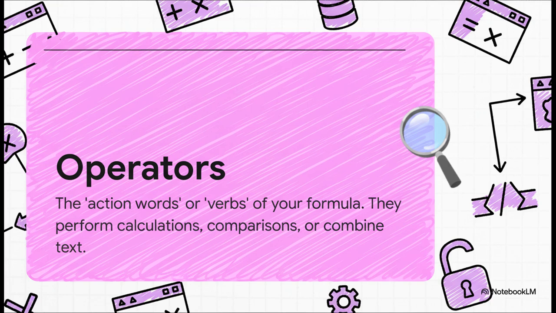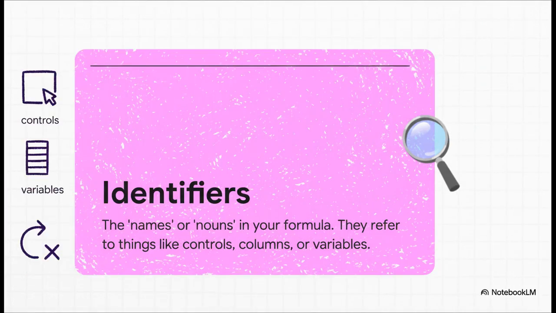They do stuff, whether it's adding numbers, comparing two values, or sticking pieces of text together. They're the engine. And if operators are the verbs, well then identifiers are the nouns. It's that simple. They're just the names you give to all the different things in your app. It could be a slider, a button, a text label, a column of data. It's how you tell your formula what it's supposed to be working on.